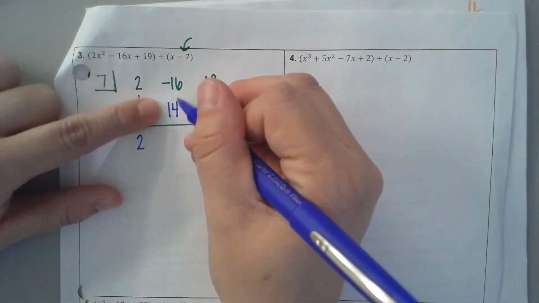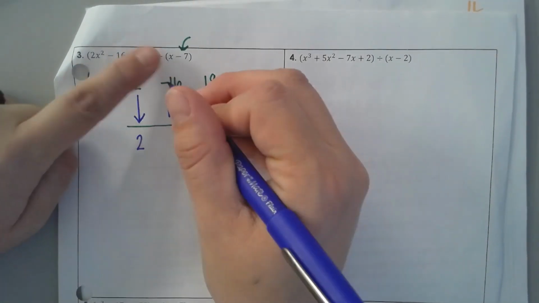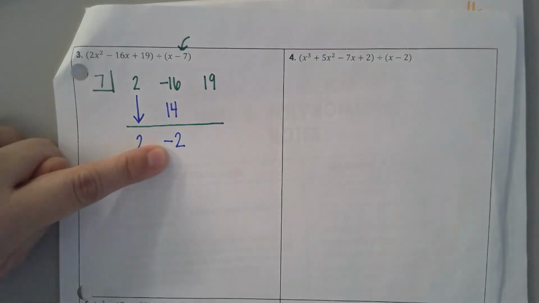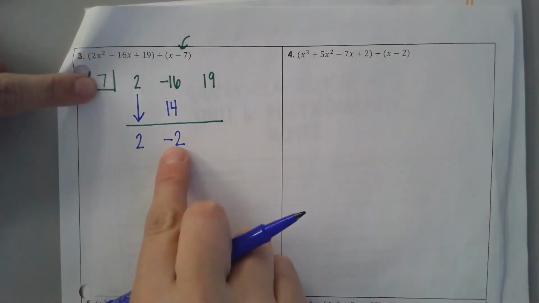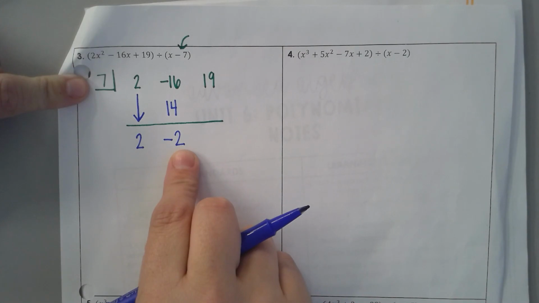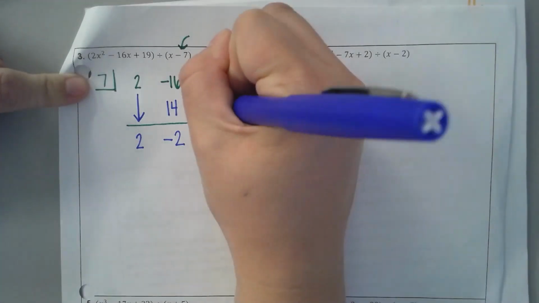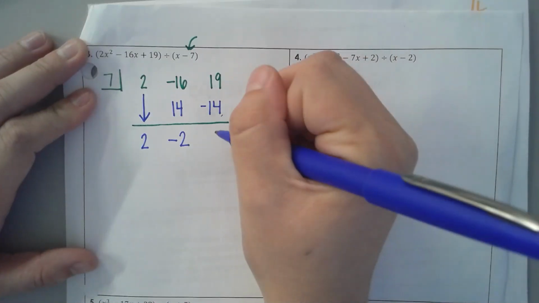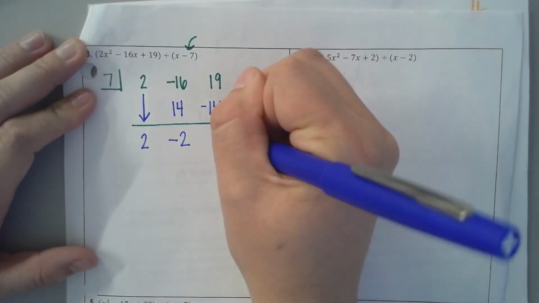And then you add. What do I get when I add? Negative 2. And then you multiply. And what do I get? Negative 14. And then I add to get what? 5. Okay.